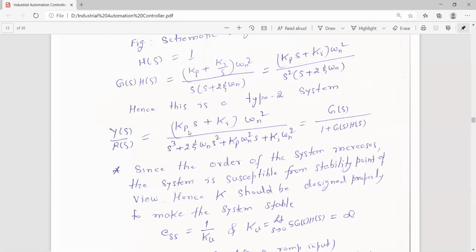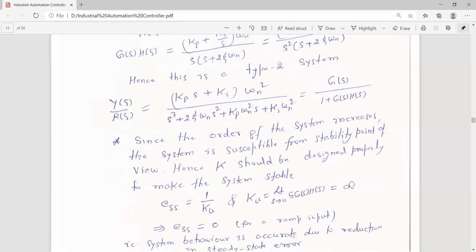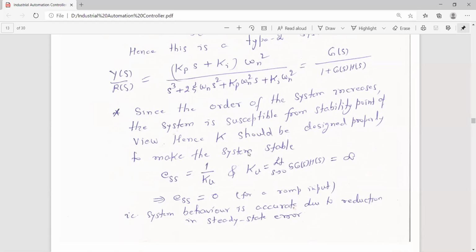Here we can see what the order of the plant was. The order of the plant was 2. Now because of the integral term, the order is going to increase. Since the order of the system increases, the system is more susceptible from the stability point of view. Hence, because the order has gone from second to third order, K should be designed properly to make the system stable.